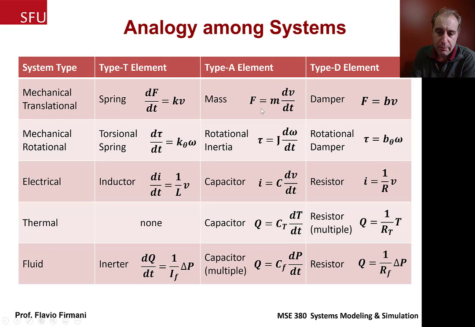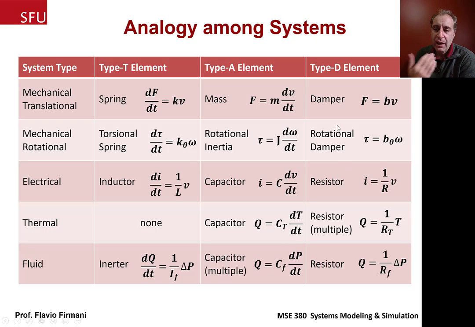For the mass elements, the type A elements, we're going to have the through variable equal to a coefficient times the time derivative of the across variable with respect to time. And you can see that in every case, we're going to have a coefficient. In this case, all of them are linear coefficients that are multiplying the derivative or the differential term.